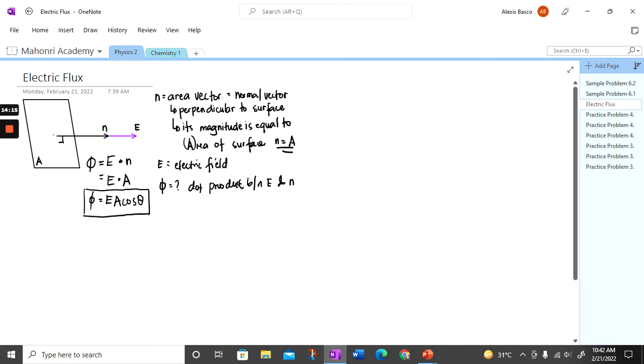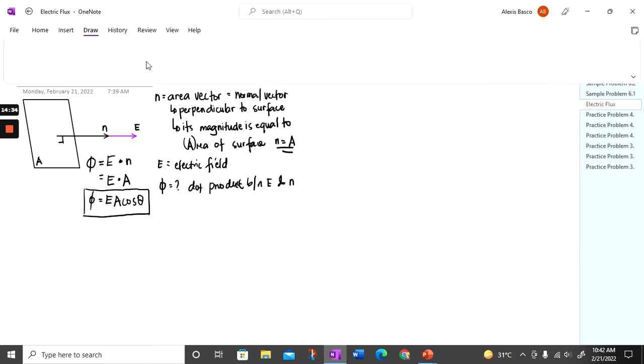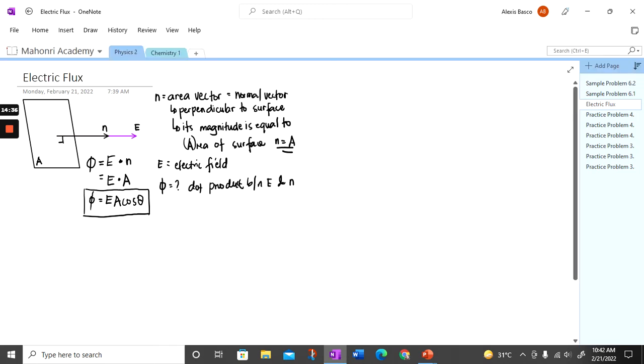So I'm going to take this area right here, and then I'm going to look at it sideways. Think of this as basically a flat sheet of metal, or it could be a paper. But let's think of this as a flat sheet of metal. If I look at the flat surface, it would look something like this. So let me draw.